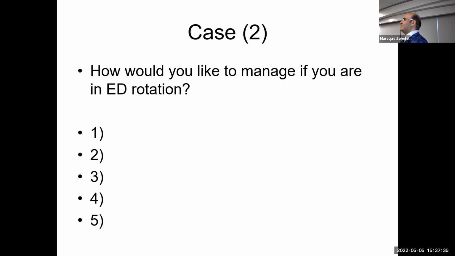How do you like to manage? Aspirin. Aspirin and what did we say here? I heard Plavix. Aspirin, ticagrelor, heparin, oxygen. What's the new change in oxygen in the last few years?